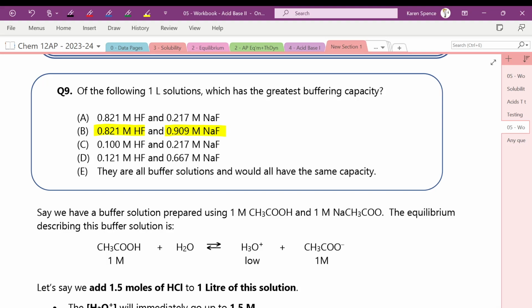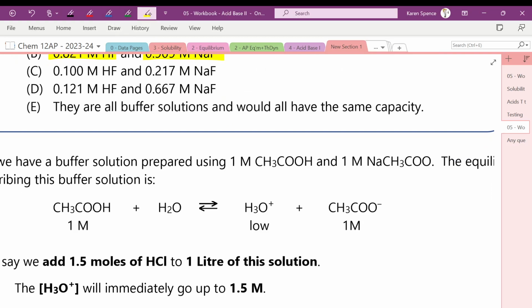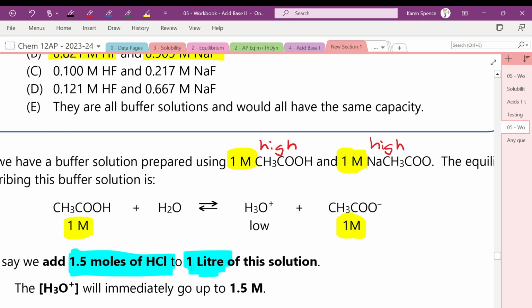Okay, so let's say we have a high concentration. That's high, yes? Remember I said 0.1 is high? So we have a high concentration of CH3COOH and a high concentration of CH3COO minus. But now let's say we add 1.5 moles of HCl to 1 liter.